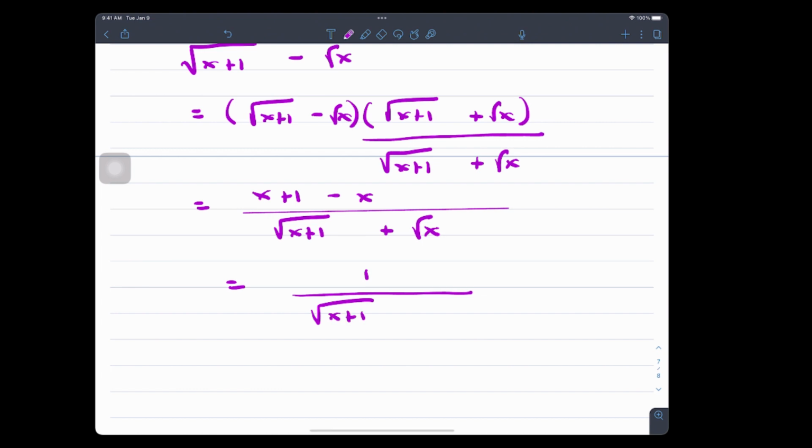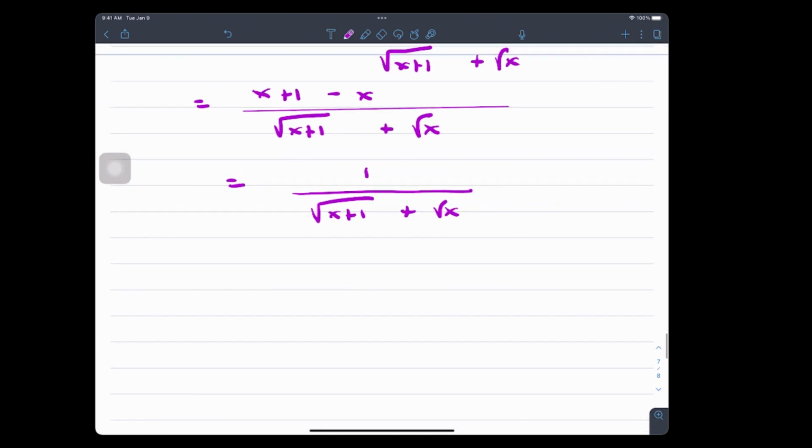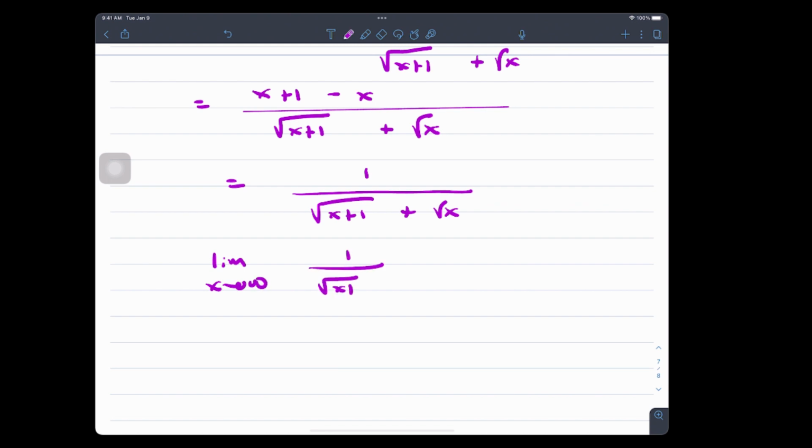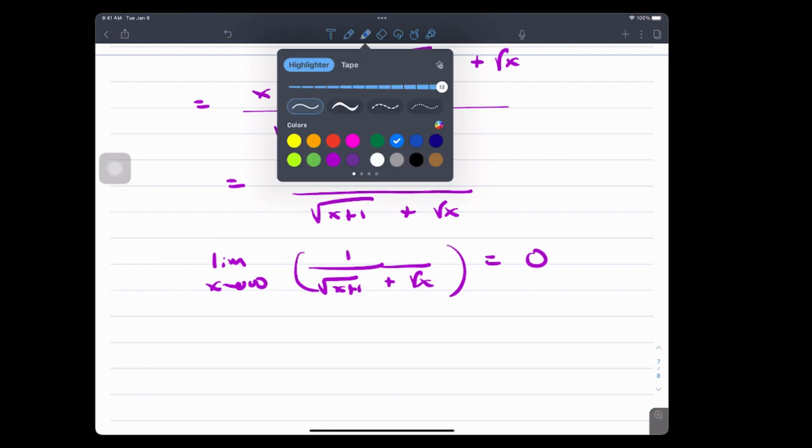The square root of x plus 1 plus the square root of x. So the limit now, as x goes to infinity, of 1 over the square root of x plus 1 plus the square root of x equals what? 0.